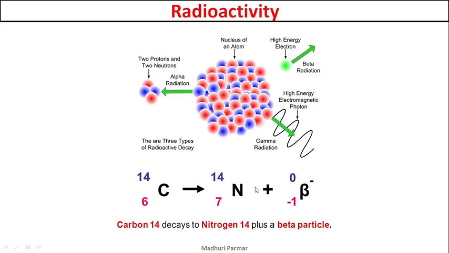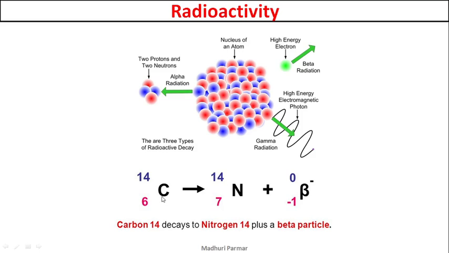What you have to know for whatever further process we study is this reaction. You have carbon 14, which, as you may know, is radioactive. It decays and becomes nitrogen 14, N14, and gives out one beta particle.